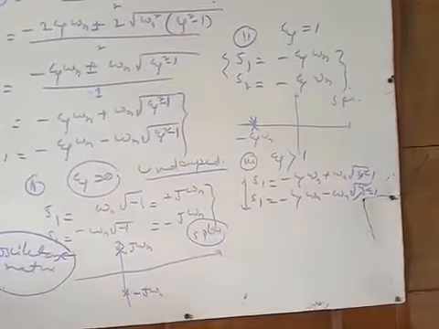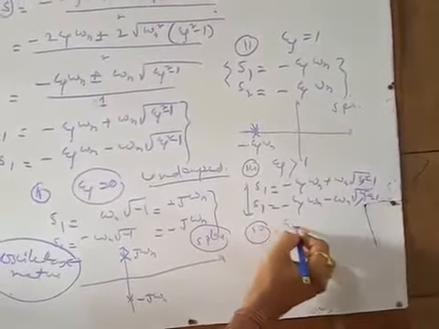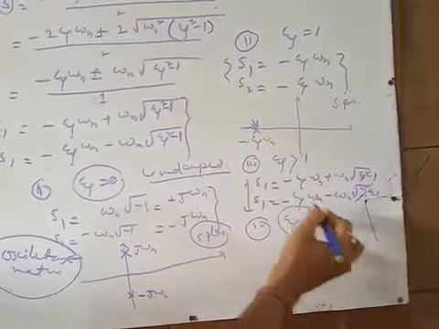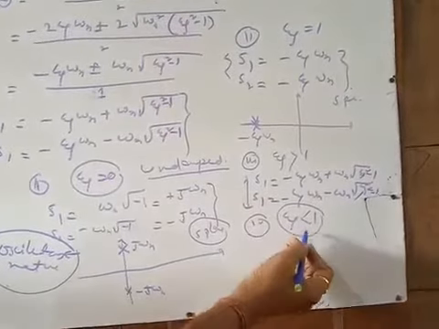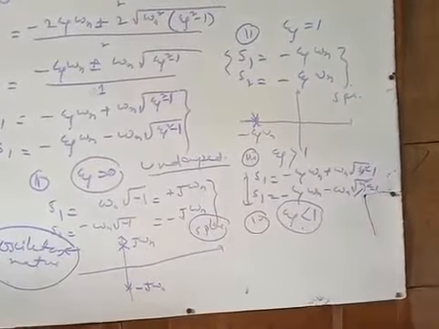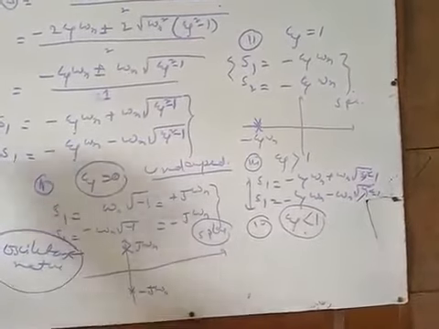Now the fourth case, the value of xi is less than 1. This is very important, and this part is related to our analysis. This is known as the underdamped situation. When xi is less than 1, what happens to the pole locations?